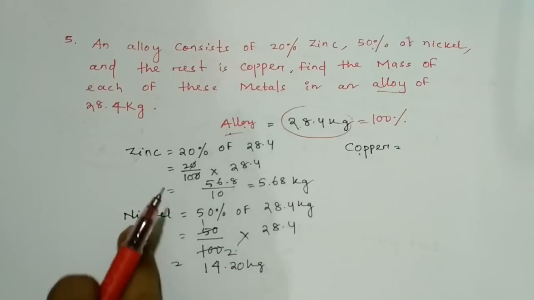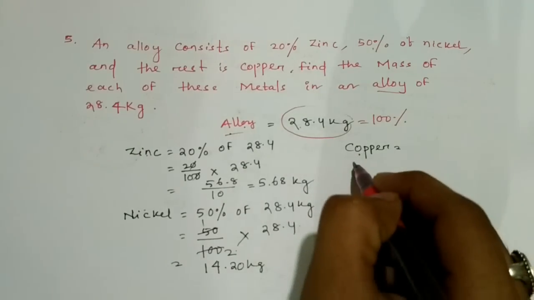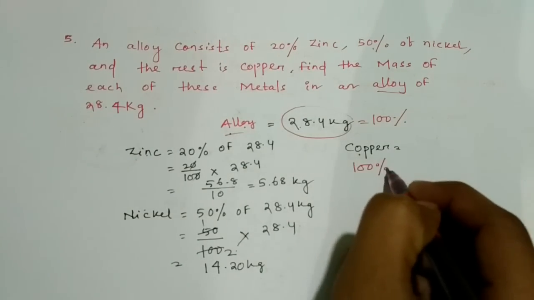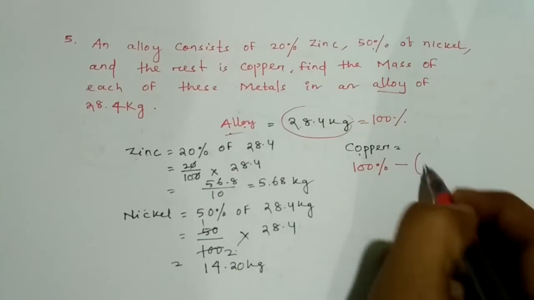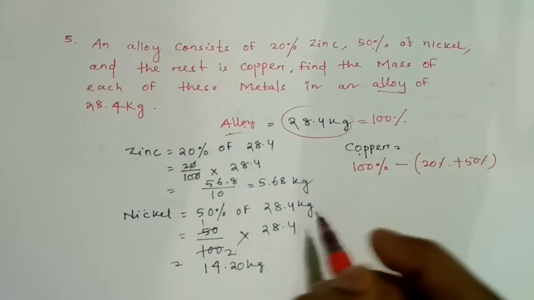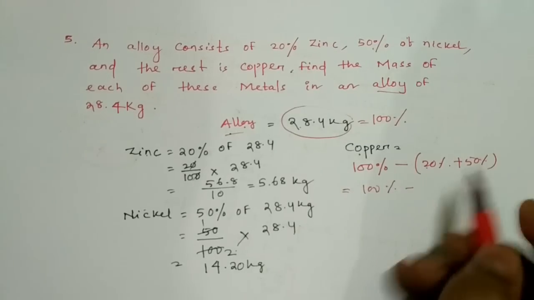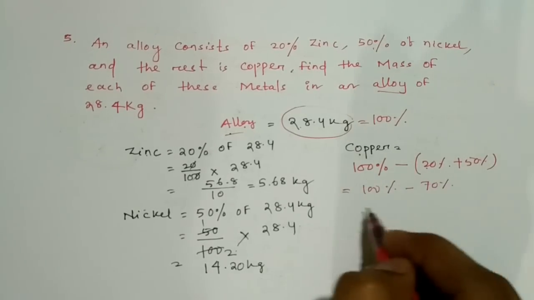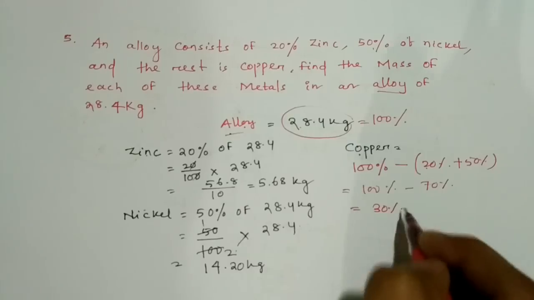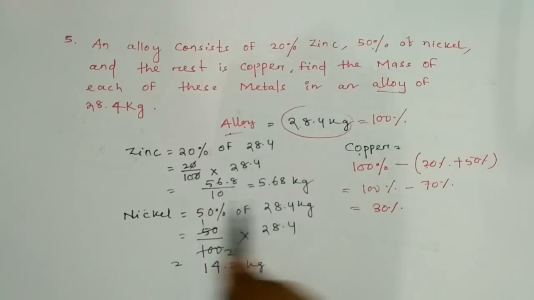Zinc is 20%, nickel is 50%, and the rest is copper. So 100% minus 20 plus 50%, that is 70%, gives 30%. So we got the copper percentage in the alloy, that is 30%.